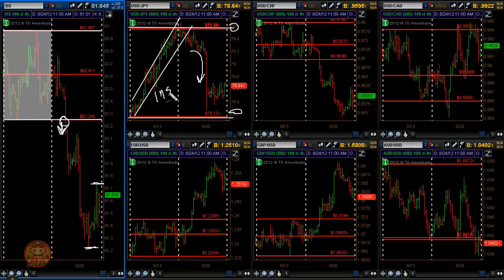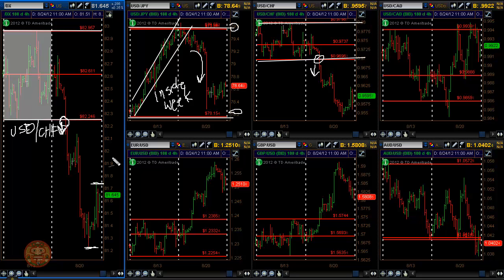You can see here the Swiss franc breaking down below the previous week's low here and continuing to the downside, just like the dollar index. So you can see here the positive correlation with the USD CHF. And then typically what I look for is the same thing here in the Canadian dollar, but the Canadian did not push down below the previous week's low.